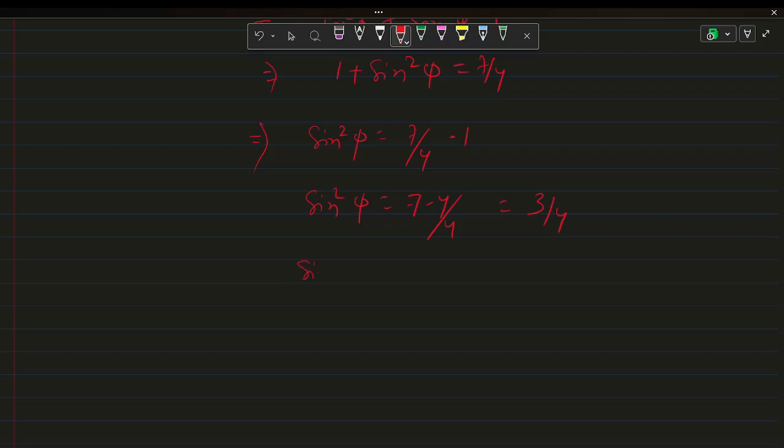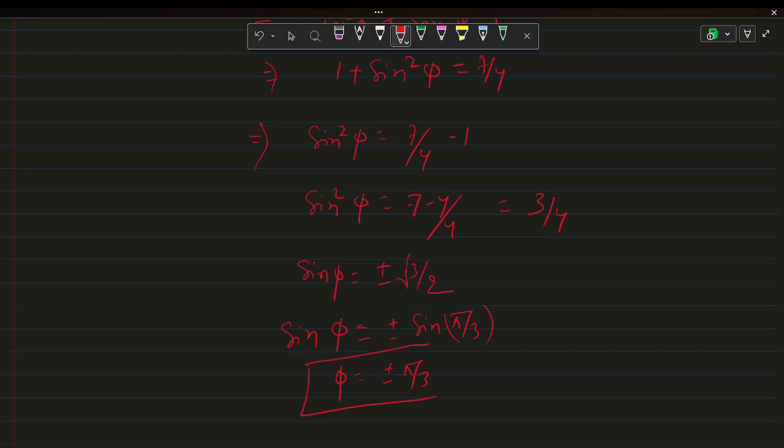So sin φ is equal to plus or minus root 3 by 2. For which value of φ? Sin 60 degrees, that is π/3. So φ is equal to plus or minus π/3.